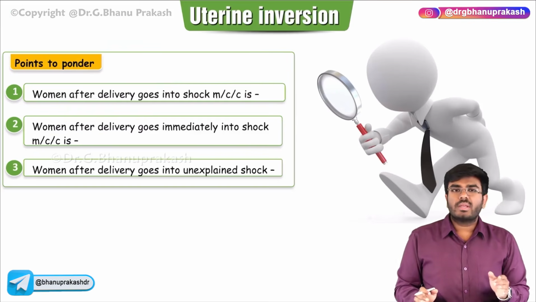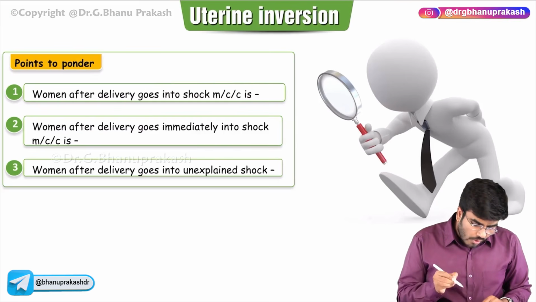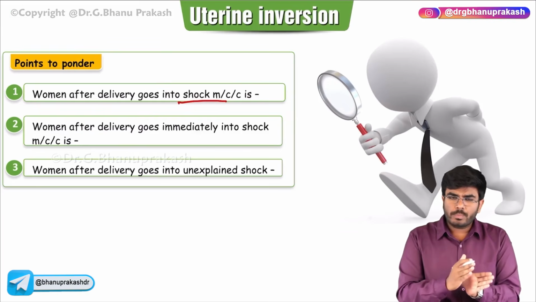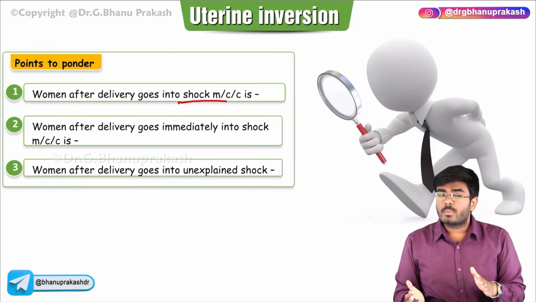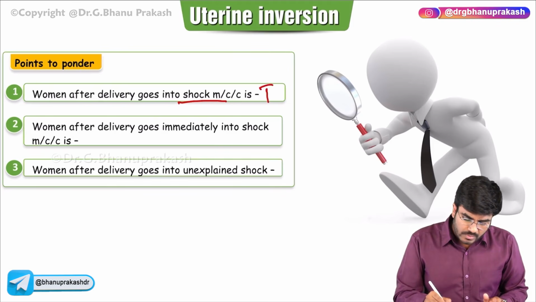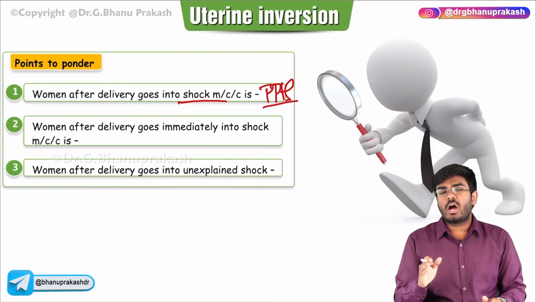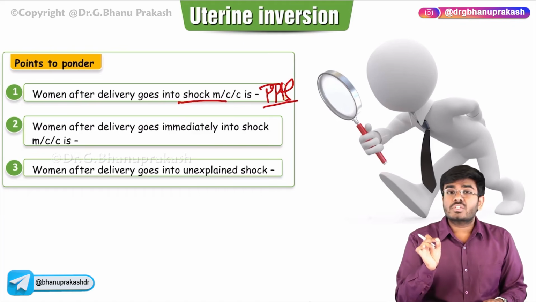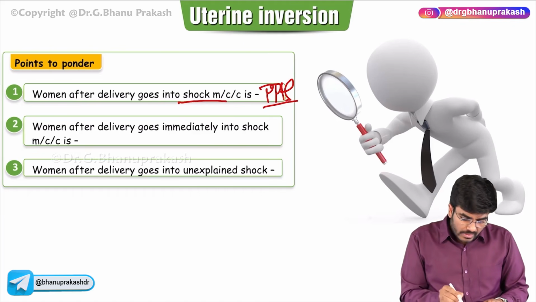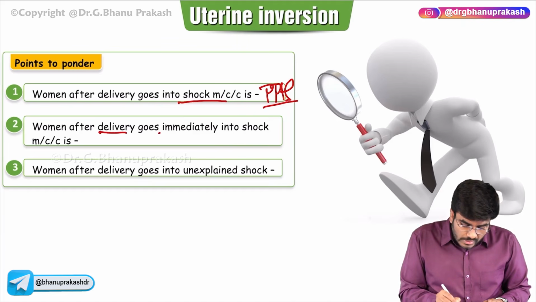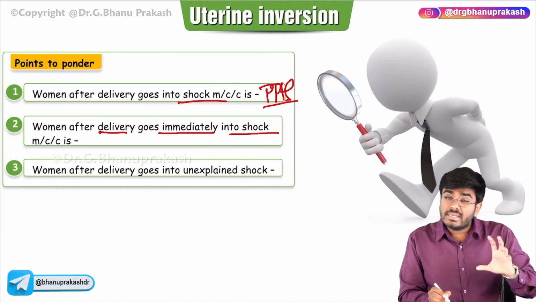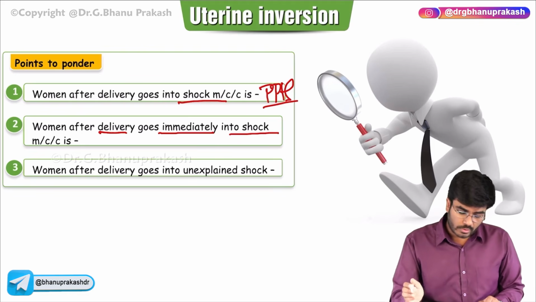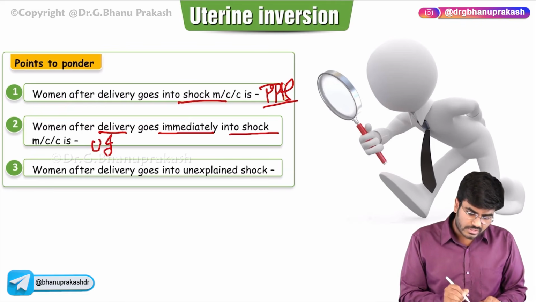Now let's see a few important single-liner kind of questions. A woman after delivery goes into shock. That is postpartum shock. The most common cause is postpartum hemorrhage. But if they use the words immediate shock after delivery, and the degree of shock is out of proportion to the amount of bleeding, the most common cause is going to be uterine inversion.